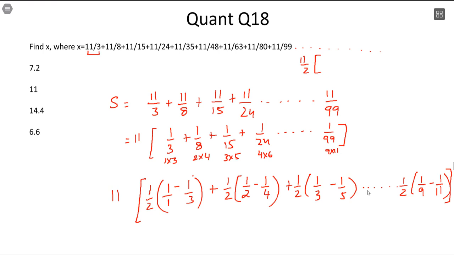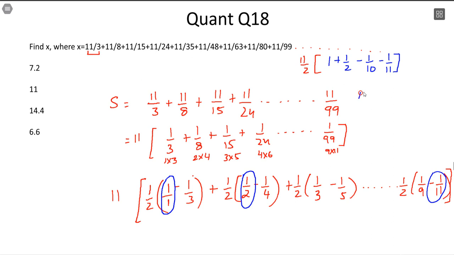You have a minus 1 by 4 here, there will be a plus 1 by 4 here. When you start cancelling things out, you will be left with the positive portion of the first two terms and the negative portion of the last two terms. And therefore, within the bracket, what you would have is 1 plus 1 by 2 minus 1 by 10 minus 1 by 11.